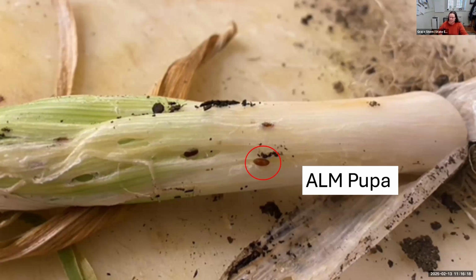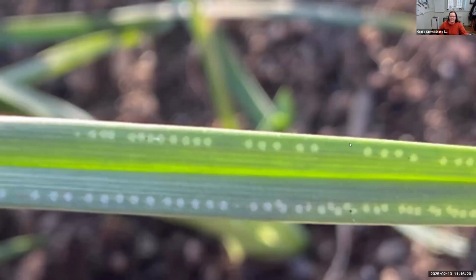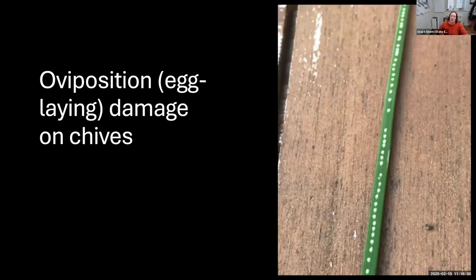The adult is distinctive, but again, the oviposition damage is what I want you guys to look for, and it is very distinctive. This is a picture of oviposition damage on chives. You're going to see a lot of those holes or little white marks of necrotic tissue in a row along the stems.